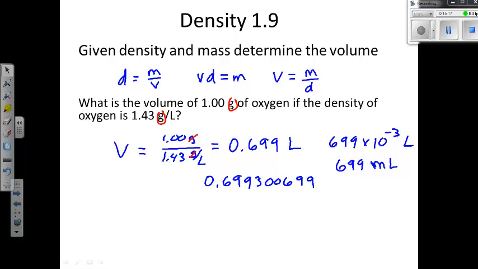So I can replace 10 to the minus 3 by milli. So that's a different way I can present this, or do it in scientific notation: 6.99 times 10 to the minus 1 liter. I can also do it that way, but this is working with mass, volume, and density.